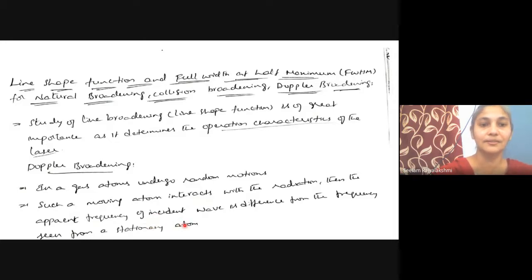That means, if we consider the frequency of the stationary atom, we can observe a change when the atom undergoing random motion interacts with the radiation. The apparent frequency of the incident wave is different from the stationary atom's frequency.